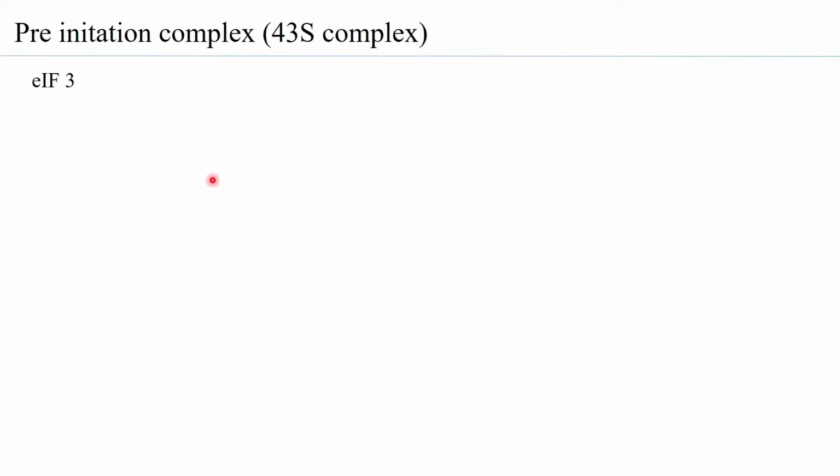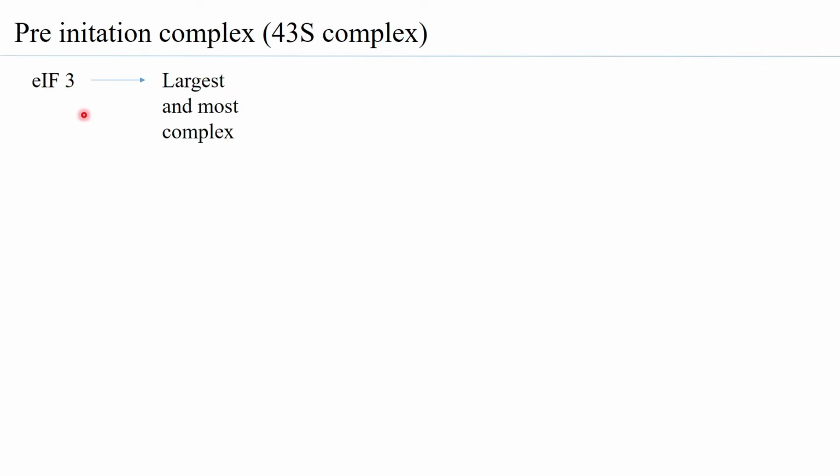Now let us look at the next initiation factor which helps in the formation of the 43S complex. So far what we have understood is that a ternary complex is formed when you have EIF2, GTP and the initiator tRNA coming together. Now this ternary complex has to bind to the small subunit which is the 40S, and it has been found that EIF3 is able to bring the ternary complex close to, or attach it to, the 40S subunit.